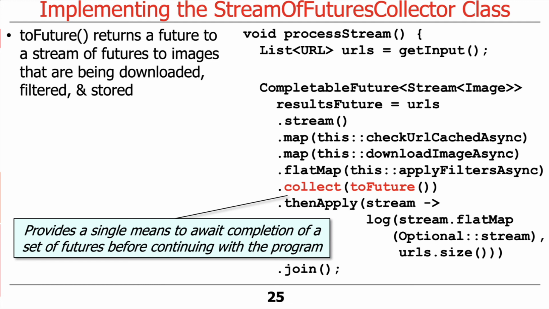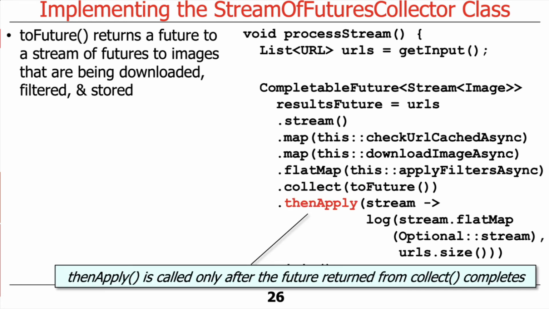Collect returns that one and only completable future, which will trigger only after everything else is done, and it will then return a stream of T, and then that will be applied after everything is finished, and that's where we do the flat map optional stuff we talked about before to get the actual results.